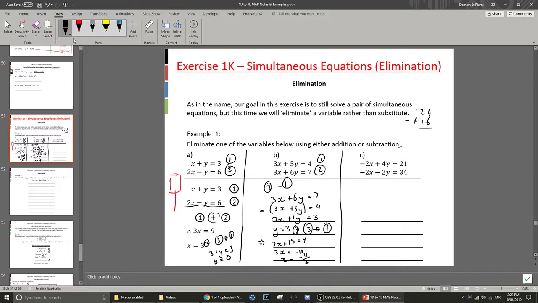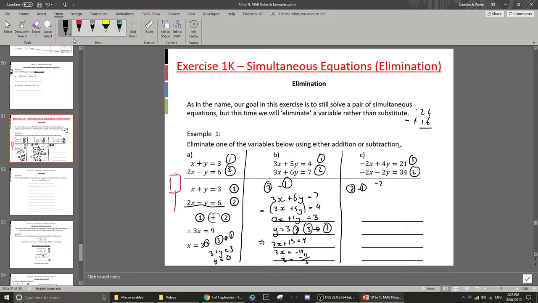In this case, negative 2x plus another negative 2x will be negative 4x, so we need to do a subtraction to get these to cancel. I'll call this 1, I'll call this 2, and let's do 2 take away 1. And the reason I'm doing that is because 34 is bigger than 21, so we still end up with a positive integer over that side, just to make our life at the start a little bit easier.